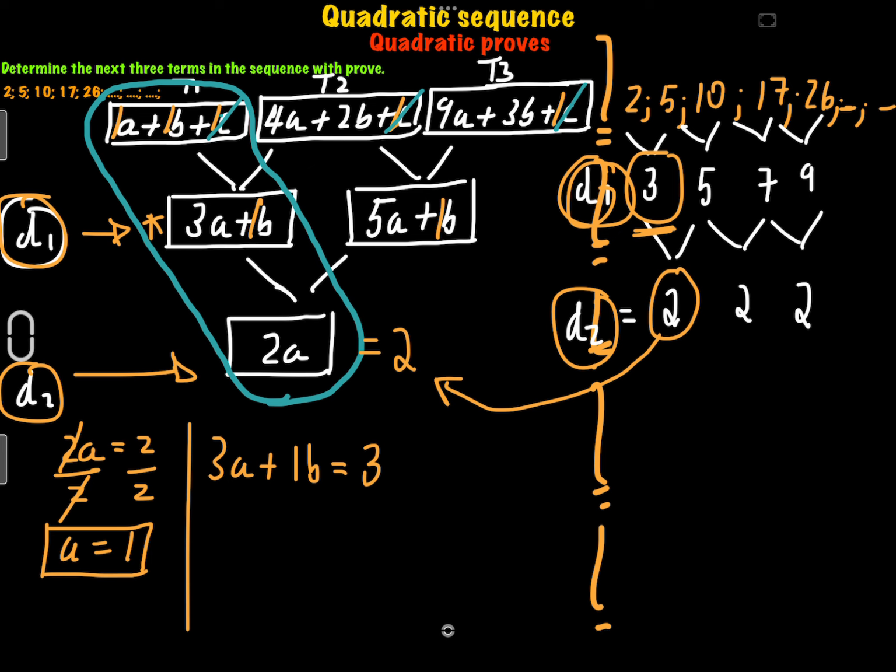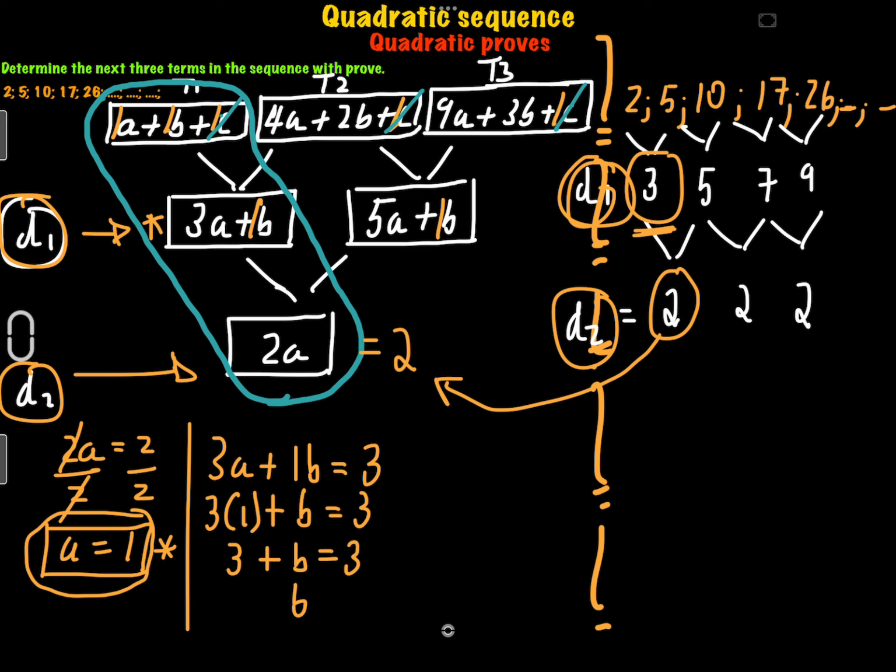We know that our a is simply 1. We found it, this is the value of a, so we plug it there. Then we have 3a plus b is equal to 3. So 3 times 1 gives us 3, plus b is equal to 3. b is equal to 3 minus 3. b is equal to 0. So in this case, b is equal to 0.